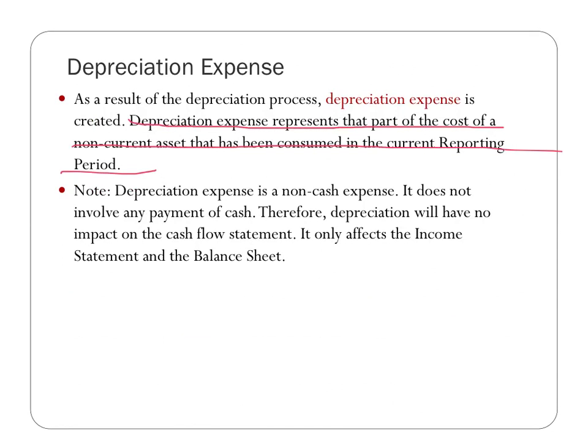Can you think of any other examples of non-cash expense that we have learned already? If you're thinking along the lines of bad debt expense or discount expense, then you're correct. Depreciation expense is a non-cash expense because it doesn't involve any payment of cash.